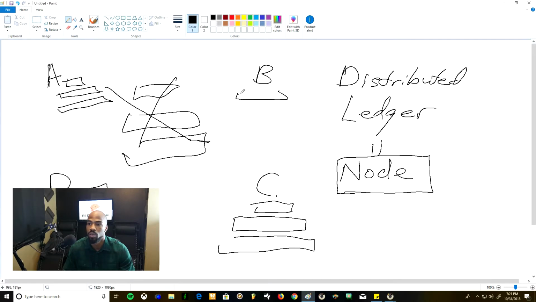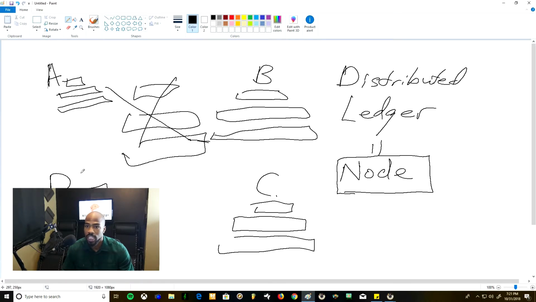And B has its own nodes. So they all have their own copies of this ledger. It's distributed. So all the transactions that we mentioned previously that were on the open ledger, for a distributed ledger, each person would have its own copy of that same ledger.